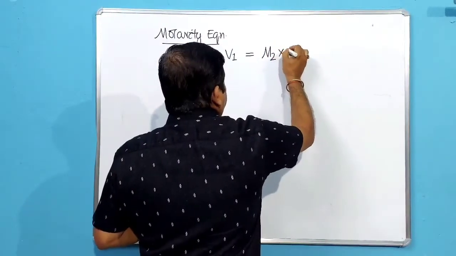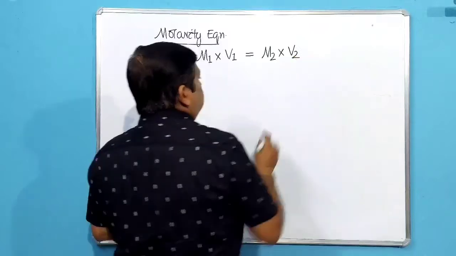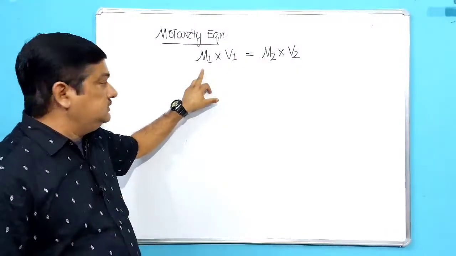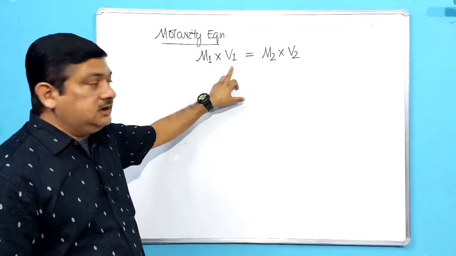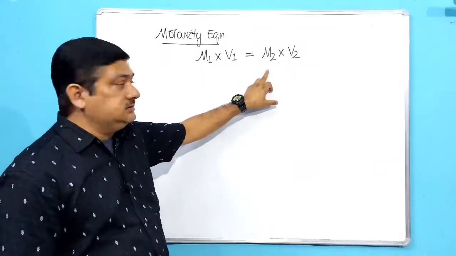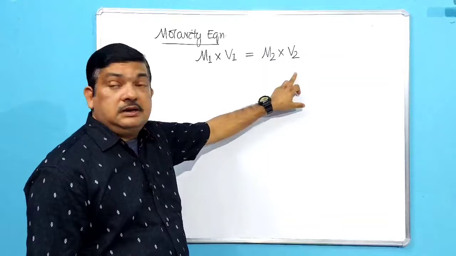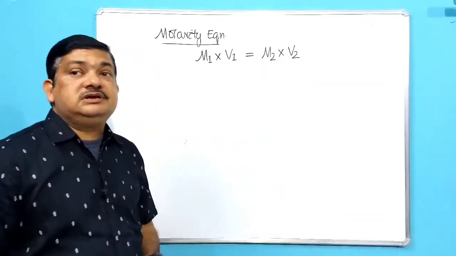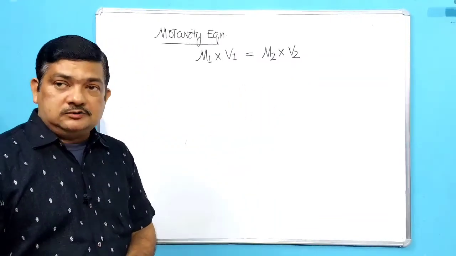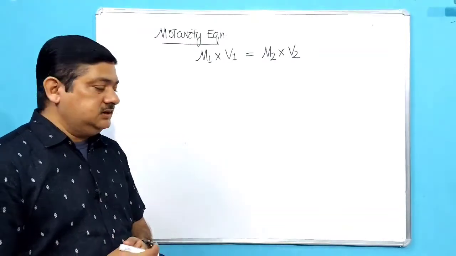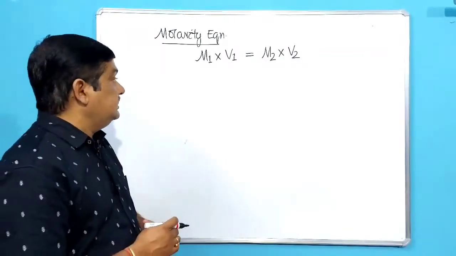So it will become M2 into V2. That means M1 V1 is the molarity and volume of the solution before dilution, and M2 V2 is the molarity and volume of the solution after dilution. Using this formula, we will solve a numerical, and I will be giving you an assignment based on this. So this is the first one.